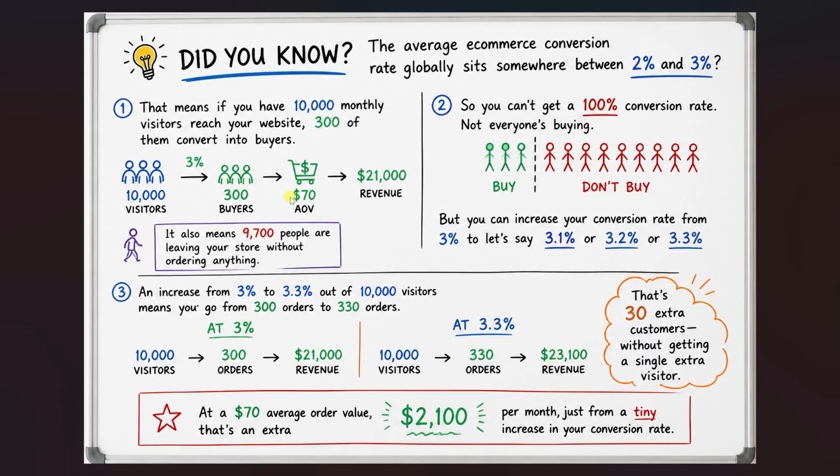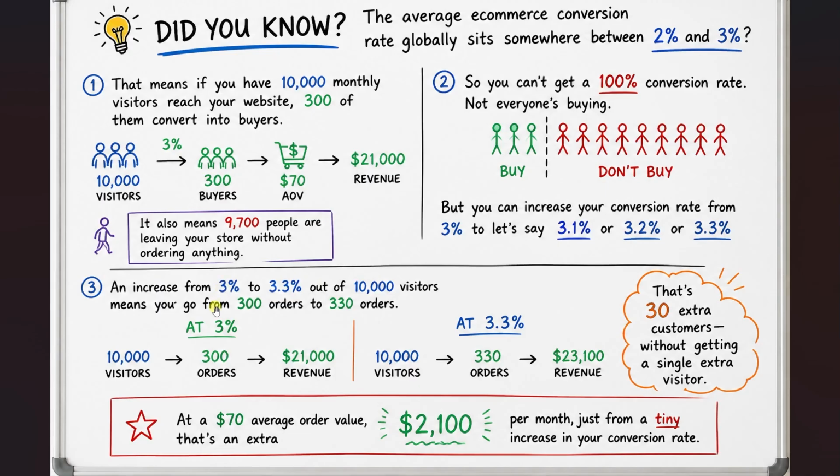Let's say you have a $70 average order value. That means $21,000 in revenue. But it also means 9,700 people are leaving your store without ordering anything. So obviously you can't get 100% conversion rate. Not everyone's buying, but maybe you can increase your conversion rate from 3% to, let's say, 3.1 or 3.2 or 3.3%. And I want to make sure you understand this last part.